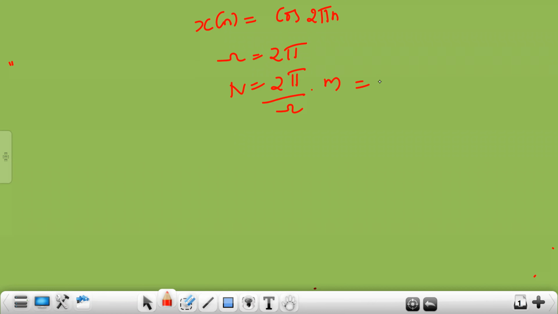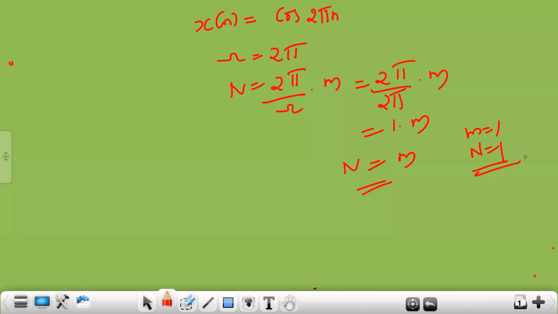That is 2 pi by 2 pi into m, that is 1 into m equal to m. So what should I put for m? So 1. Very good. You have to put m as 1, so that n becomes 1.